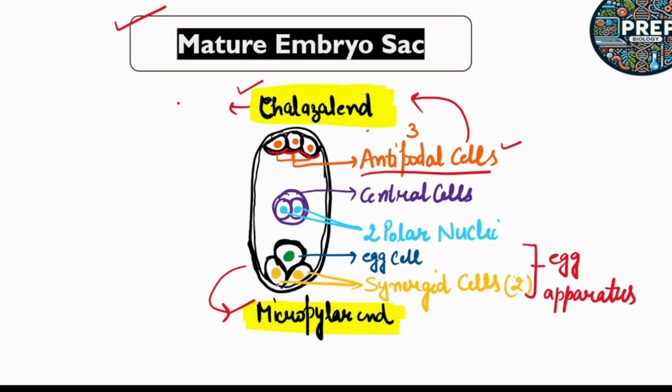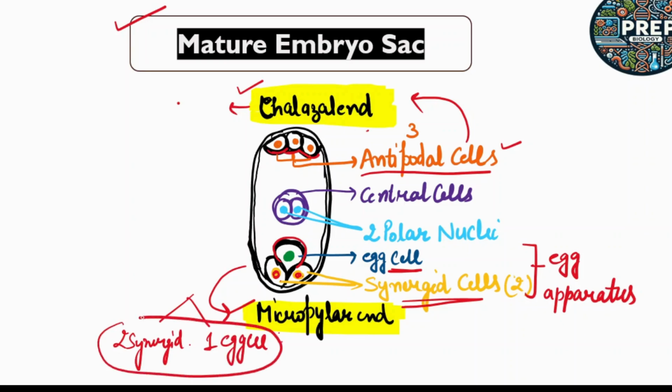Now, if we talk about the micropylar end, 3 cells are present at the micropylar end. Out of these 3 cells, this is 1 and this is 2, the 2 cells are called the synergid cells, and the 1 large cell is called the egg cell. So at the micropylar end, we have 2 synergid cells and 1 egg cell, and together they form the egg apparatus.